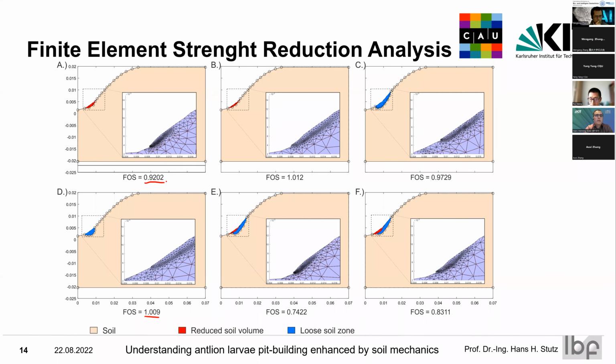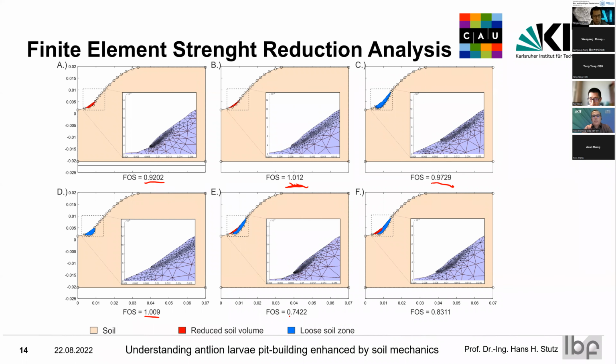You can see here that when you reduce even a small amount of this geometry, you already get close to a failure. And if you consider that you only loosen the soil, you also get close to a failure. This one is already failing, or here you get close to a failure.